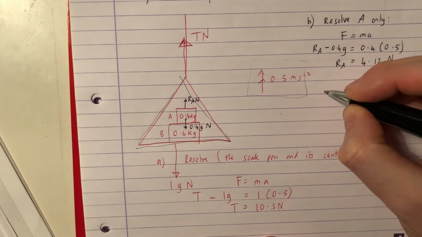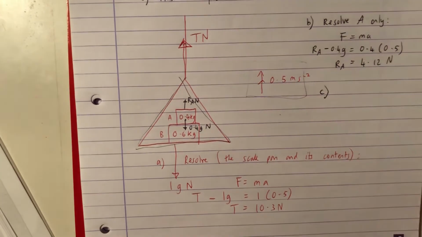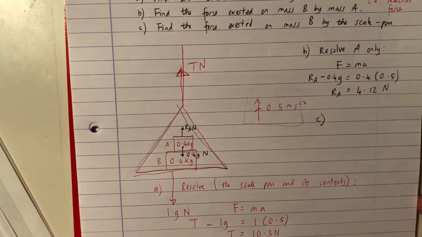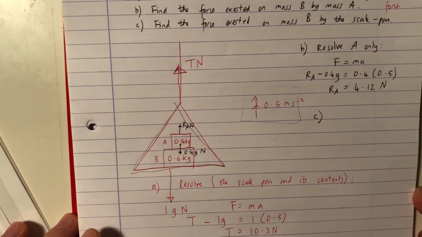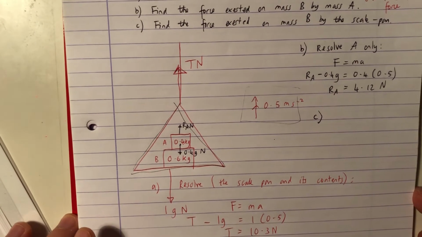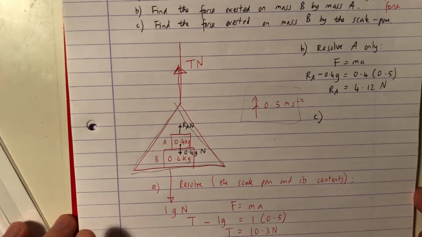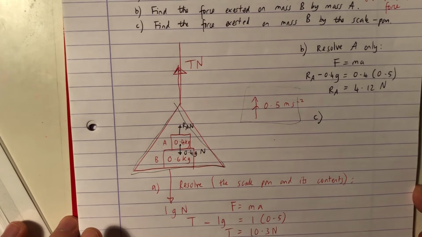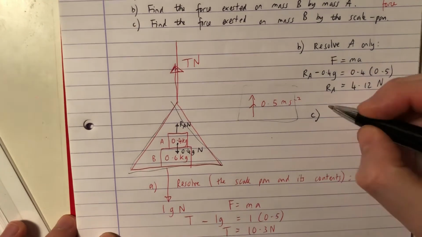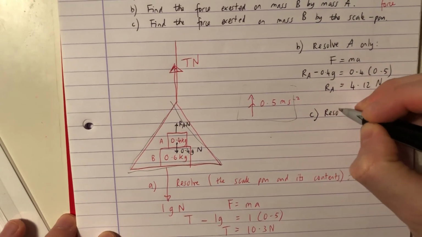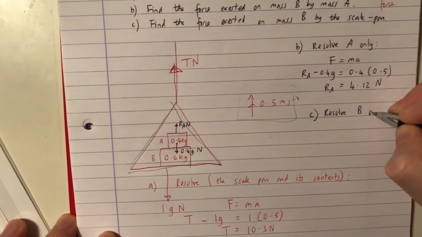Right, part C. Find the force exerted on mass B by the scale pan. Now, there's not much choice with this. We have to just consider resolving B only.